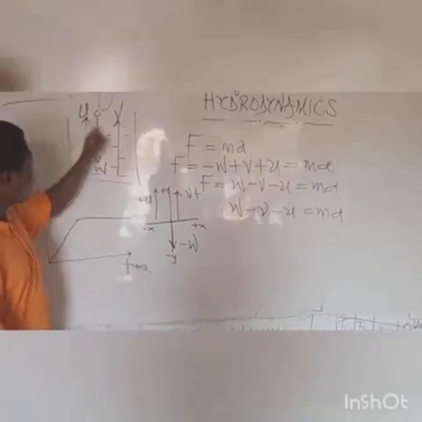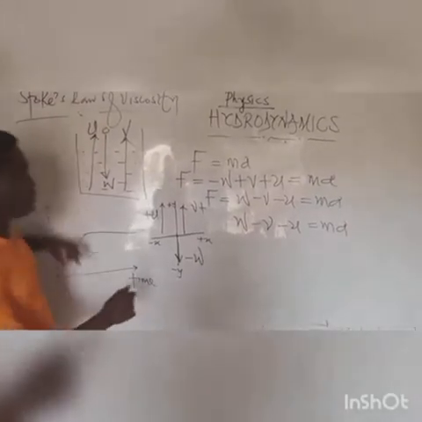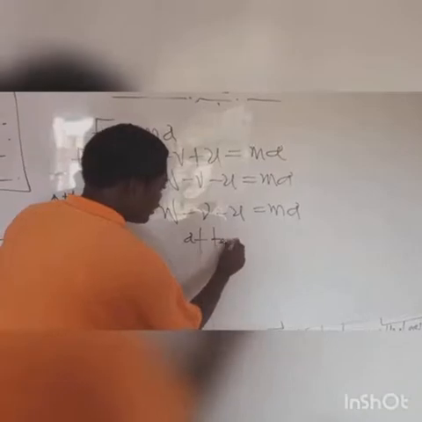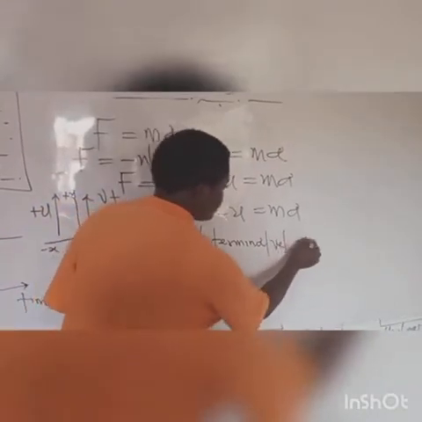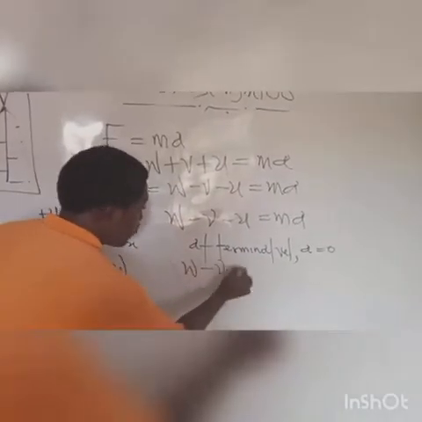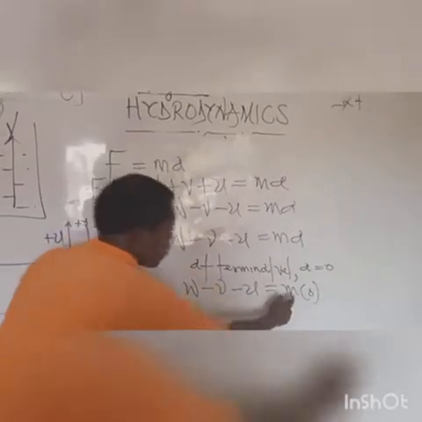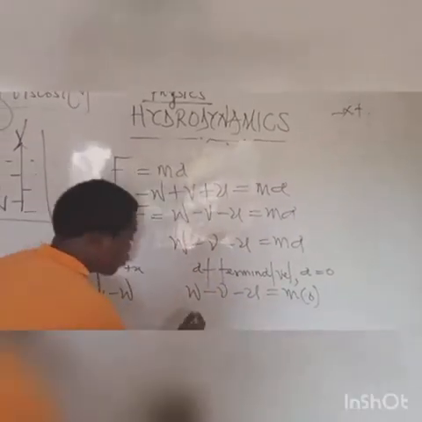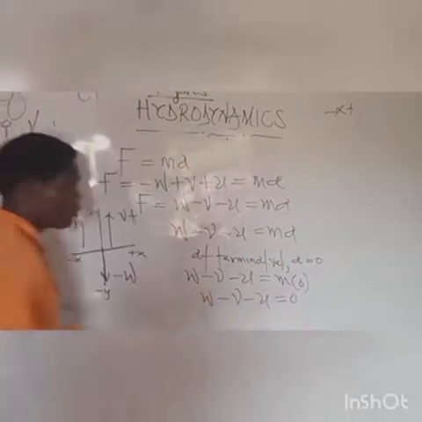Now, when the ball is falling with uniform velocity, known as terminal velocity, acceleration is equal to zero. So we have W minus V minus U equals m times 0. Mass times 0 gives 0. So W minus V minus U equals 0.